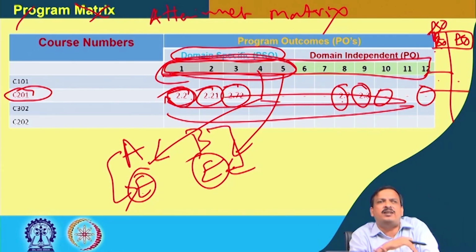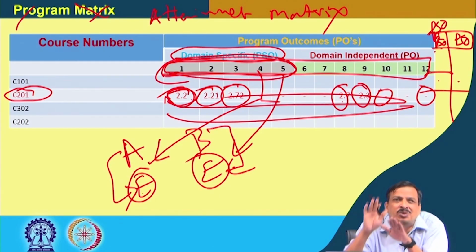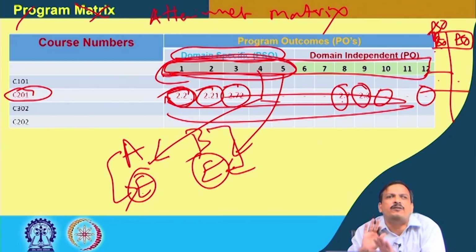So, based on the course matrix, I can calculate the attainment matrix. Once I know attainment of CO, I am ensuring the attainment of PO. Okay? So, this method is called the direct method for attainment calculation. Why is it direct? Because it is taken from the student assessment directly, not based on feedback.